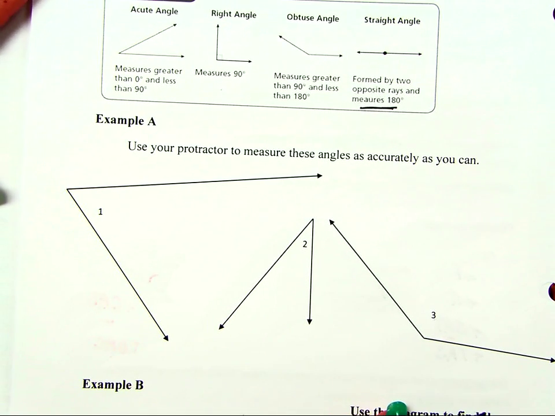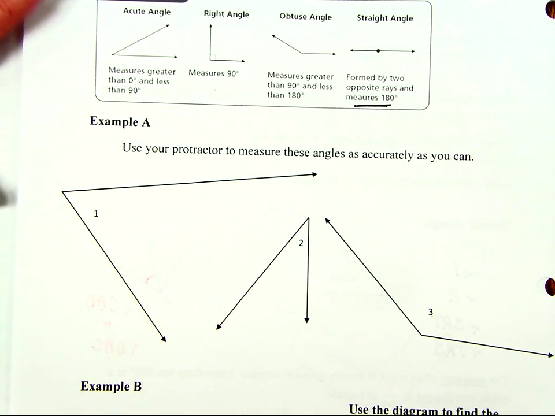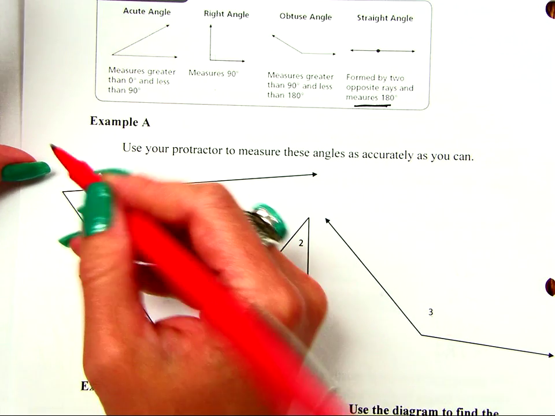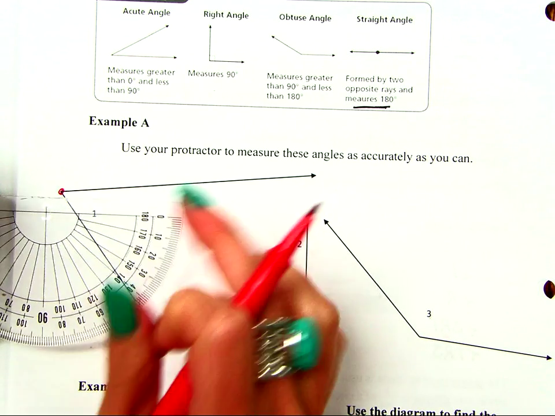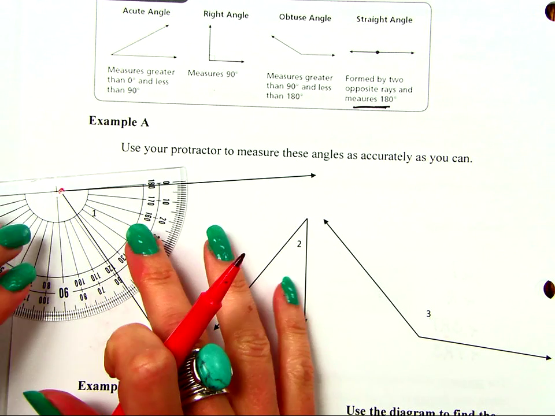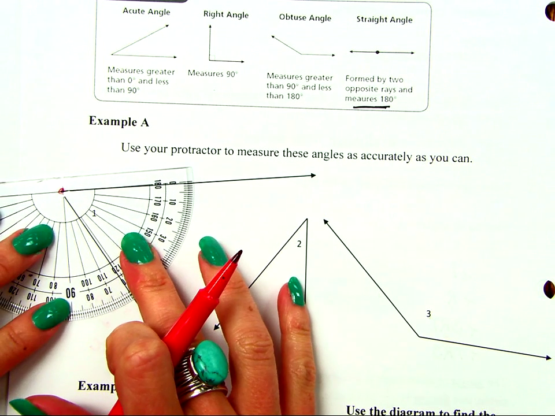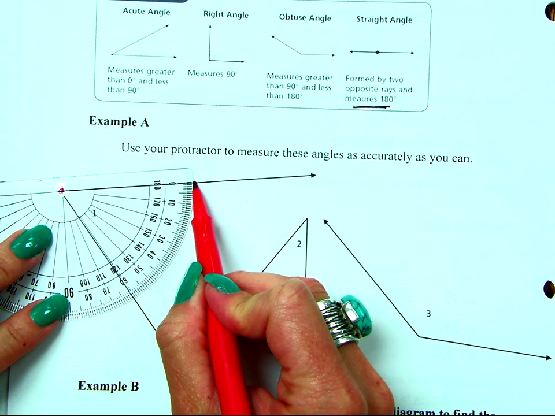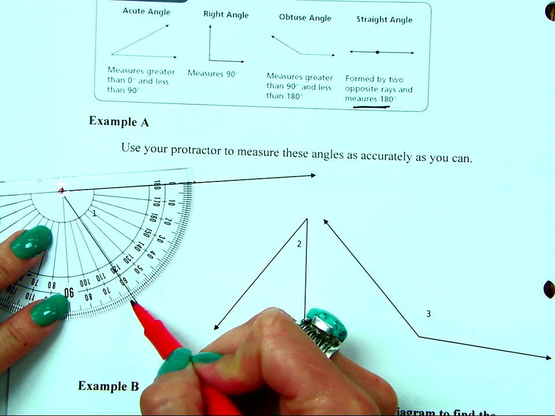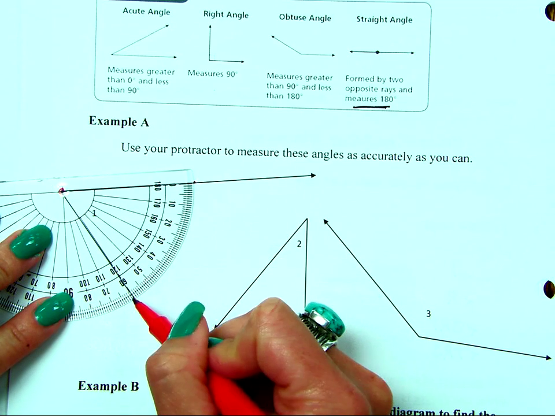If you were to use your protractor to measure the angles, I will remind you of a couple things. You want to make sure that your vertex point is in the center hole or the crosshairs of your protractor, and one of your rays must line up with 0. Now, in this case, when I measure my angle, I can see that it goes through right here.